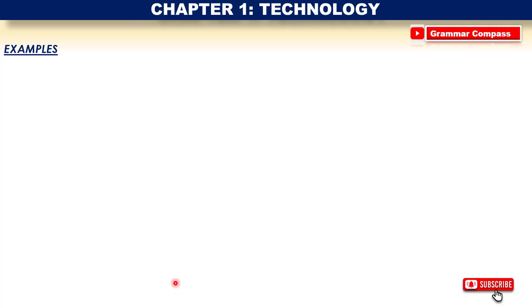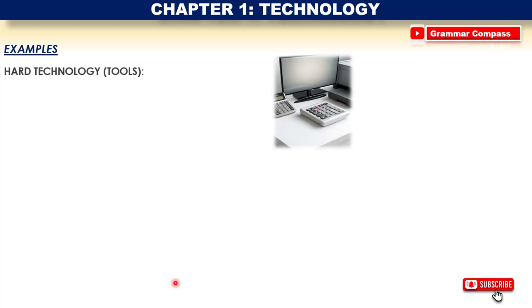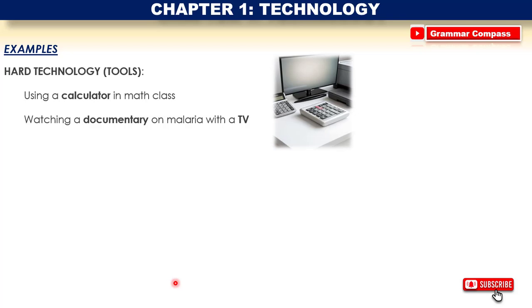Technology comes in different forms. First, we can talk about hard technology, which refers to the tools or the products as a result of someone's application of scientific knowledge. Can you give examples of hard technology? This refers to the tangible parts of technology, that is, the tools that we can see and touch. For example, if you use a calculator in a math class, then you are making use of hard technology.